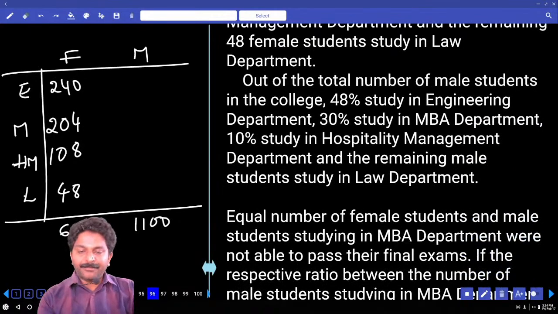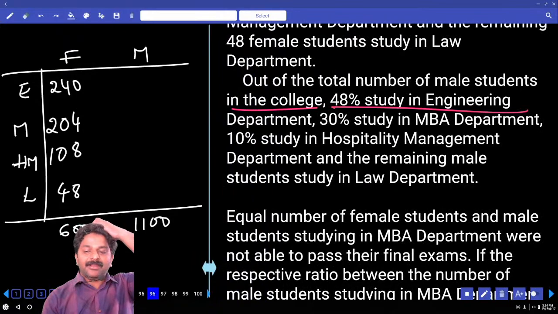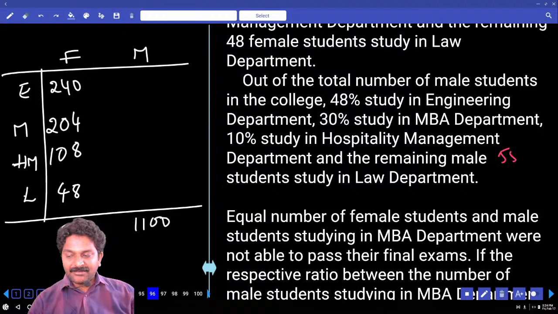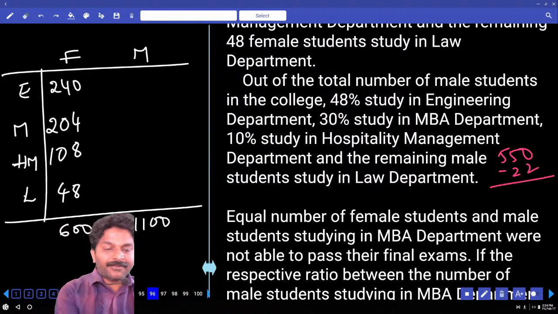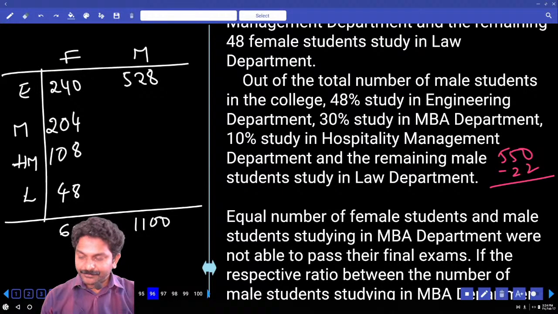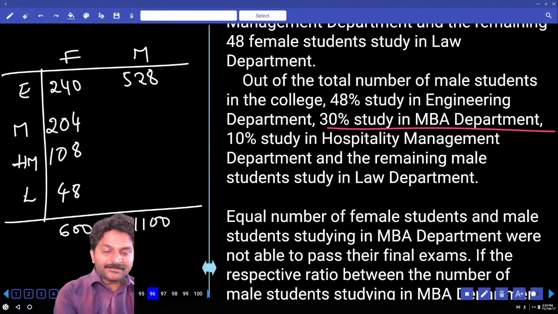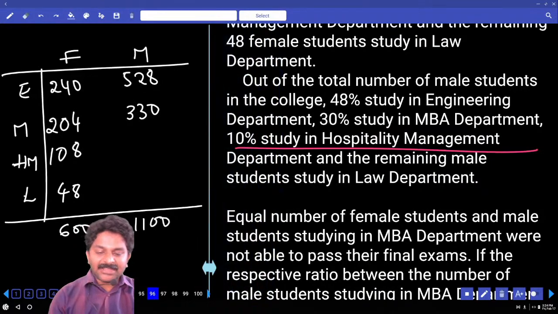Out of the total number of males in the college, 48% study in the engineering department. 48% is 50% minus 2%: 50% is 550, 2% is 22, so 528 in engineering. Okay? 30% MBA is 330. 10% hospitality management is 110.